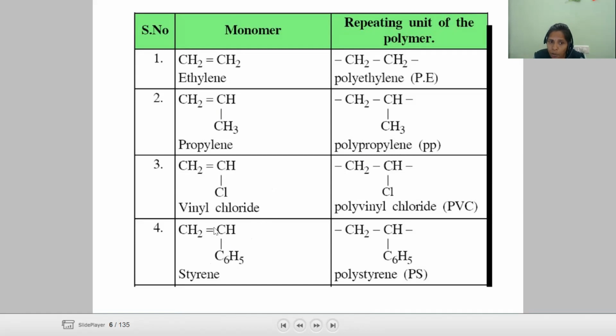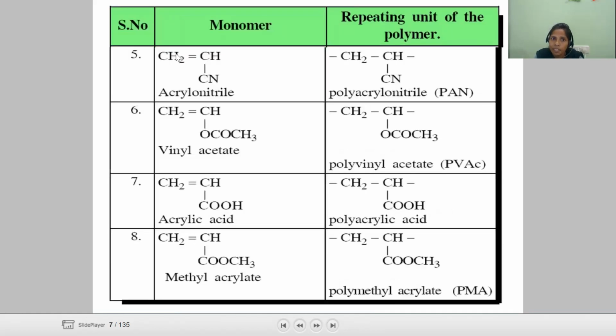And in this example also, in this styrene also, the double bond converts to a single bond, and on both sides of the monomer, we get the new single bond. That is a repeating unit.